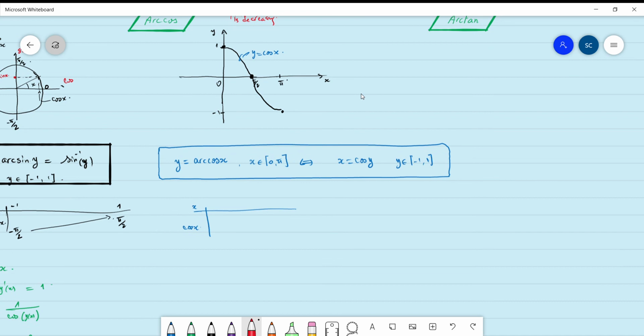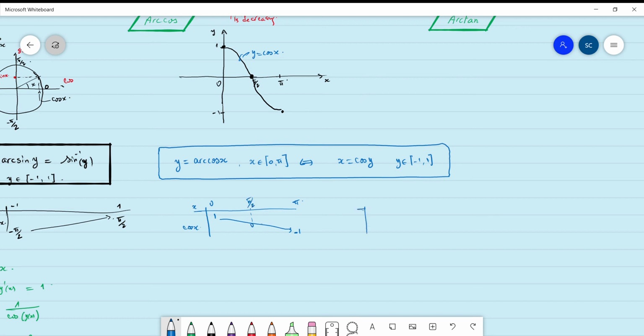Okay, so we said we work on the interval from 0 to pi, and our function is decreasing. At pi it takes the value -1 and here 1, and at pi over 2 it takes the value 0.